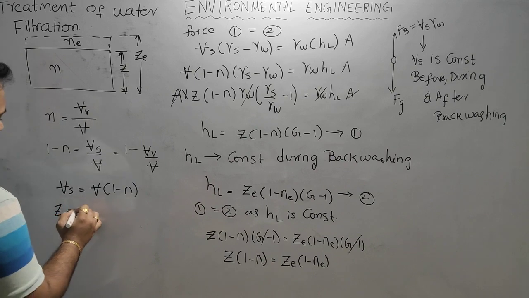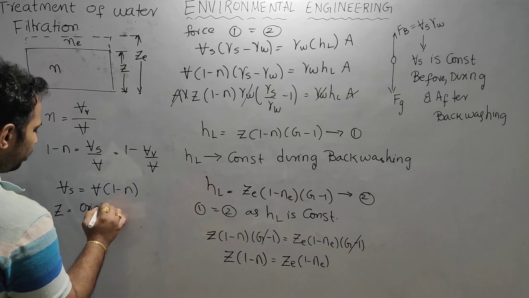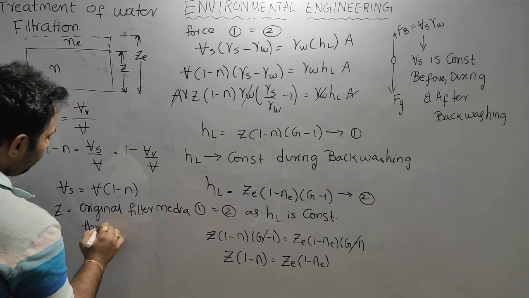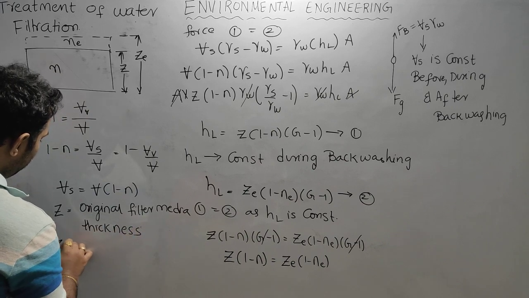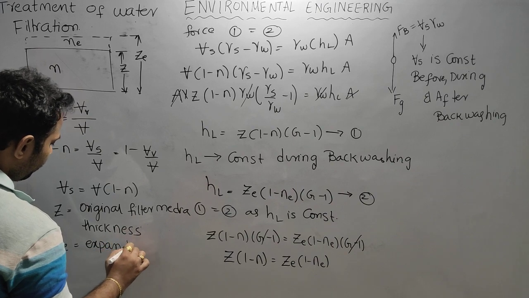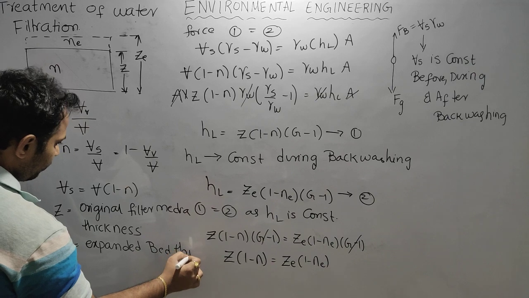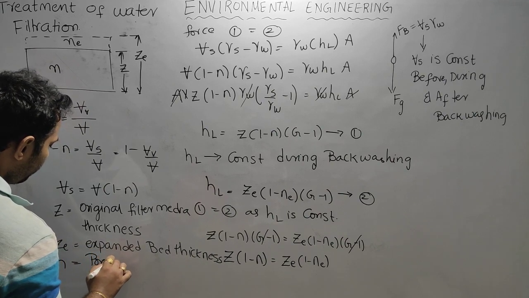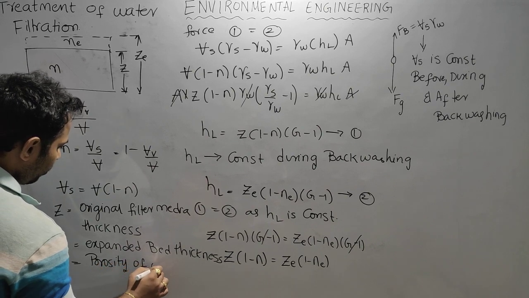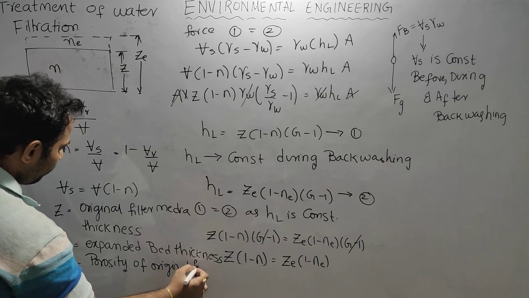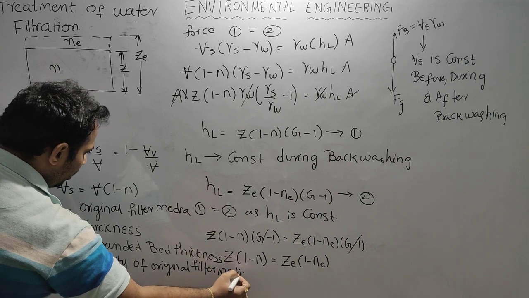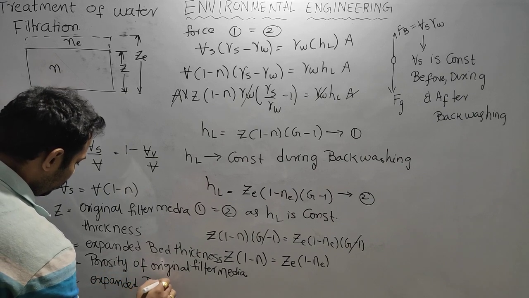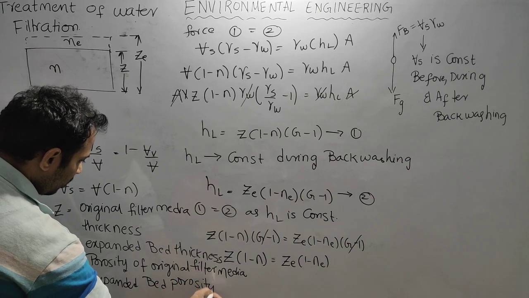where Z is the original filter media thickness, Ze is the expanded bed thickness, and N is the porosity of the original filter media, and Ne is the expanded bed porosity.